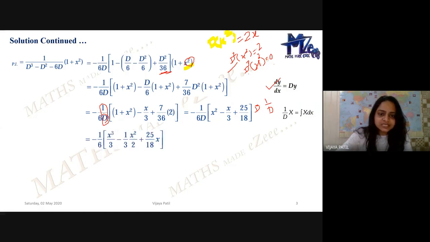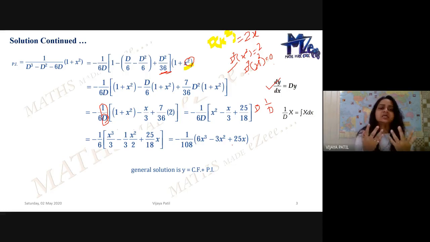So it's minus 1 by 6, x cubed by 3 minus. What we have done here is minus 1 by 6 out, and 1 by d has gone inside with each and every term, and just the integration happened here. After simplification, we'll be getting minus 1 by 108, and this is the bracket. This is what is our PI.